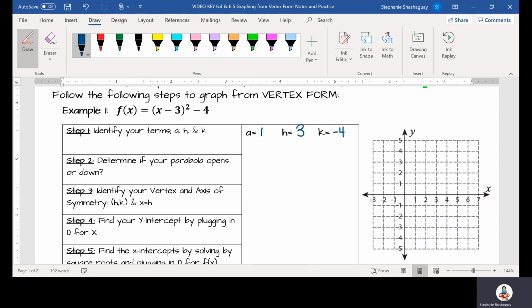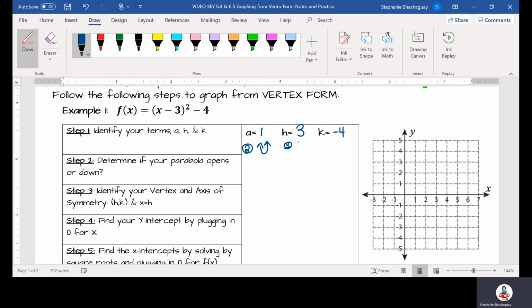Step 2, determine if the parabola opens up or down. Well, my a term is 1, which is positive, so my parabola is going to open up. Step 3, identify your vertex and axis of symmetry, h, k and x equals h.